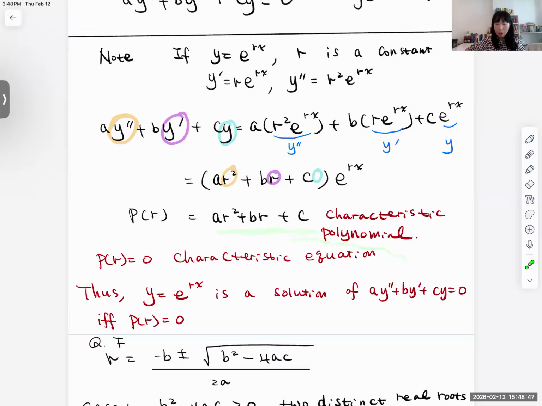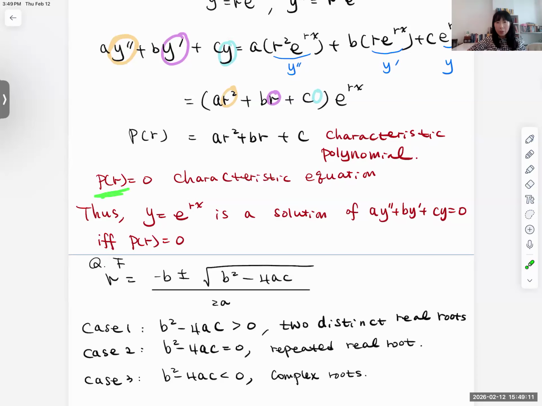Normally we write a polynomial in terms of x, like ax squared plus bx plus c, but in this case we use P of r, which is ar squared plus br plus c. Now P of r equal to 0 is an equation because we have two sides, and we call it the characteristic equation.